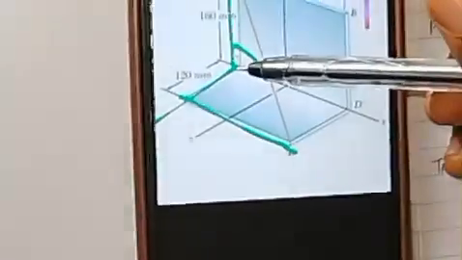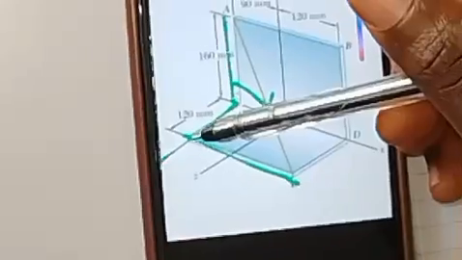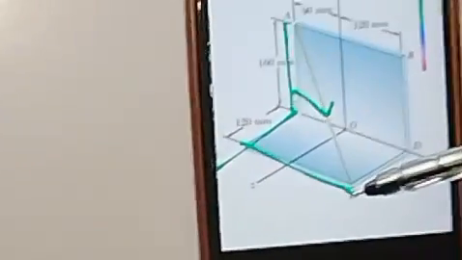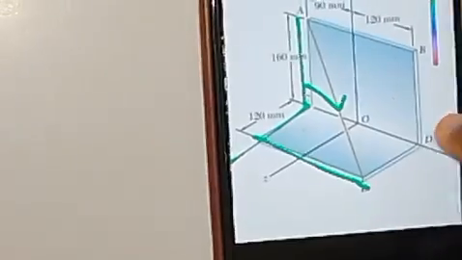From here to here we are going towards the negative of y. From here to here towards the positive of z. And from here to here we are heading towards the positive of x, because for x we are coming in this direction, since our x is here.